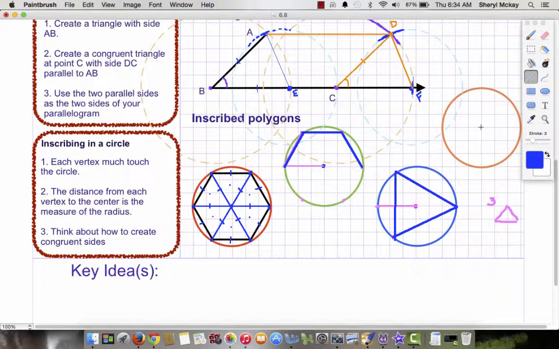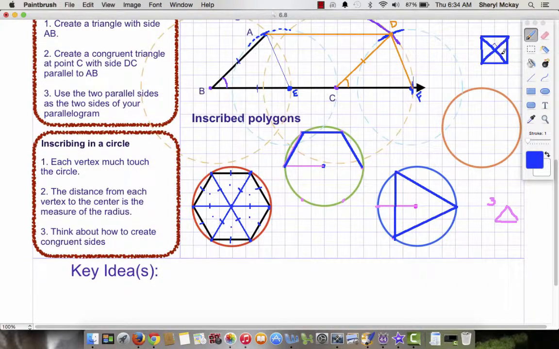Now, the thing that we need to remember about squares is that a square has 4 sides that are the same length. And we also know that a square has diagonals, 2 diagonals. And those 2 diagonals are perpendicular to each other.